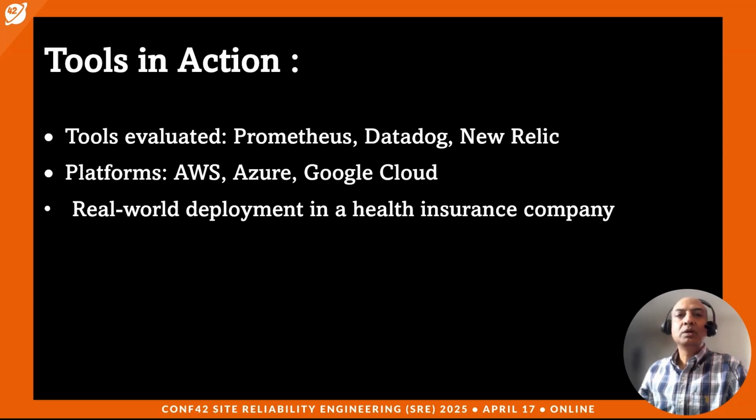The goal was to understand their impact on latency, resource usage, throughput, and cost, and most importantly, how they help detect and resolve issues easily. This hands-on deployment gave us valuable insight into the strengths and trade-offs of each tool in both test and production environments.